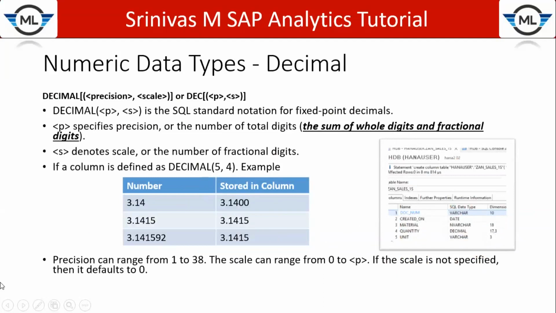Very important, it is the same in ABAP also. So when you want to define a bigger number, your precision should be bigger here. And this precision can take a maximum between 1 to 38, not more than that. So this is all about the decimal data type.